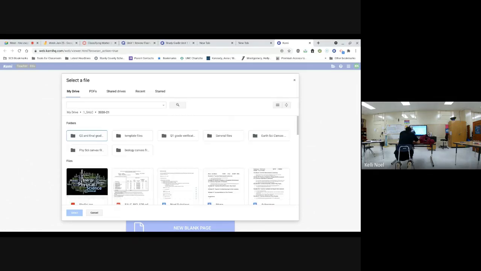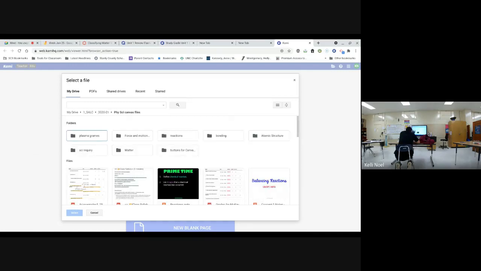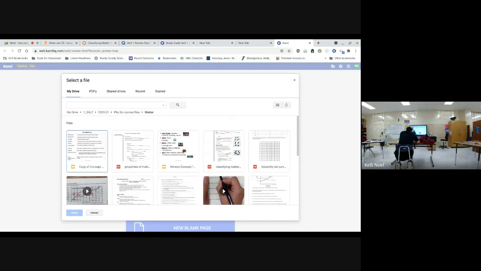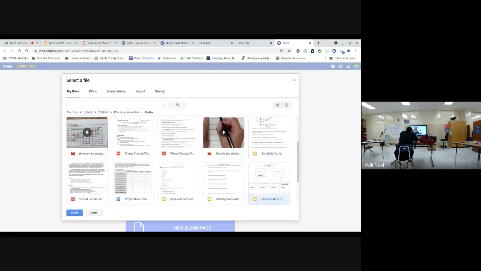Why is there candy in right there? Because I just did that in the last class. Physical science. Matter. Let me find it. Right there. Thank you.